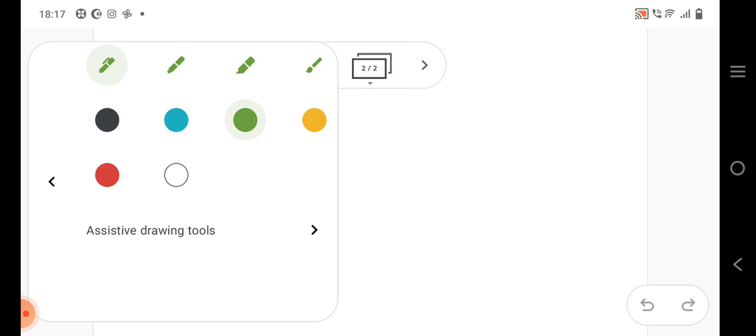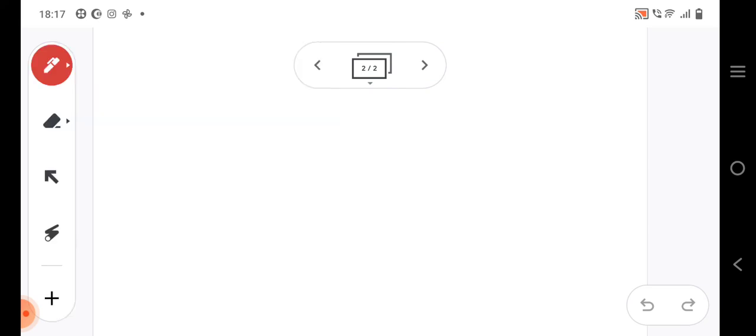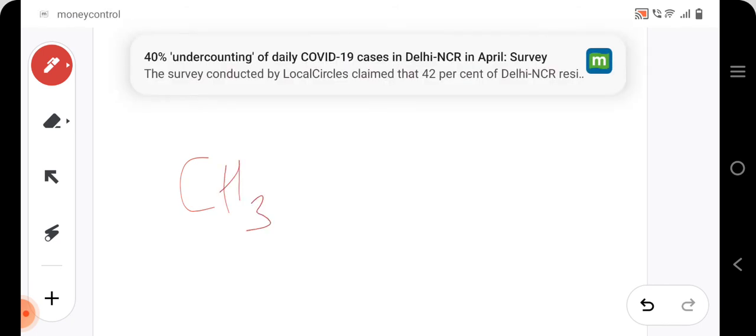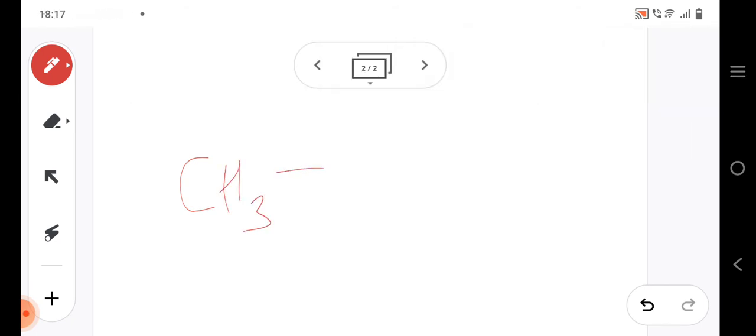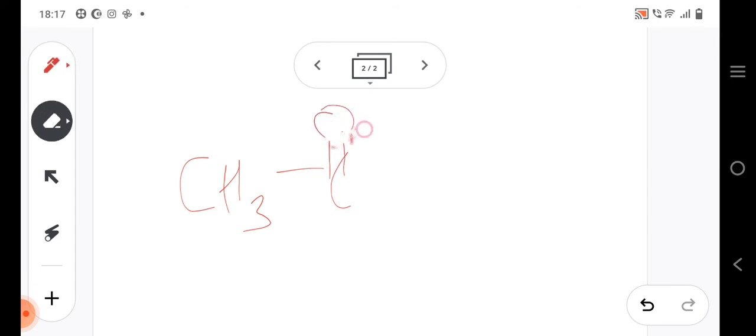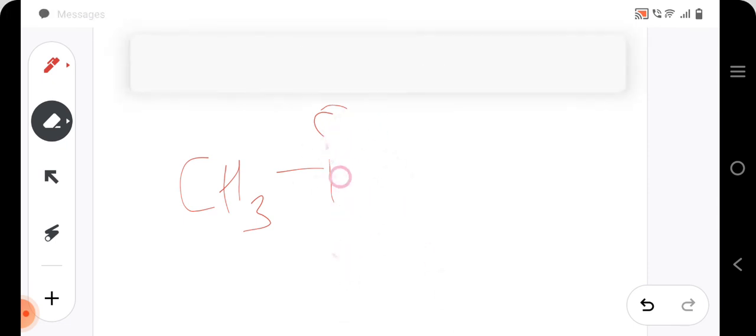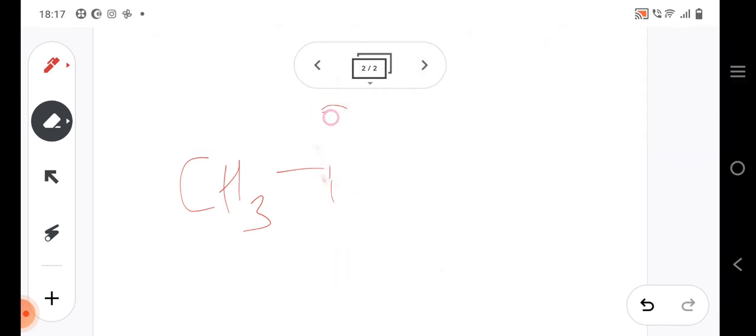Okay, so as I went through the step that you saw, let me quickly write it here. CH3 C double bond O that I had earlier, and I removed this bond, so let me write it again. I can't take a lot of your time because we are lacking time, right?